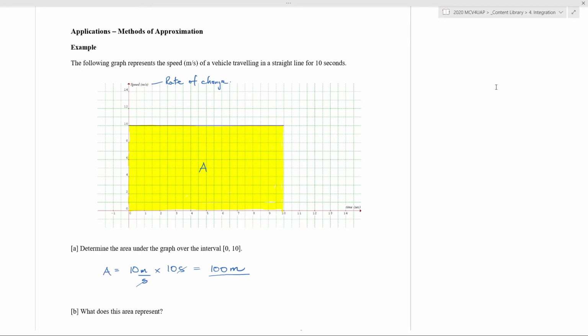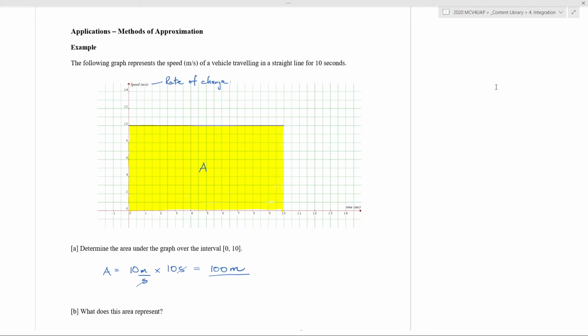What's important for you to note now is that speed, the graph here, represents a rate of change. When you hear those words, rate of change, you should be thinking derivative.